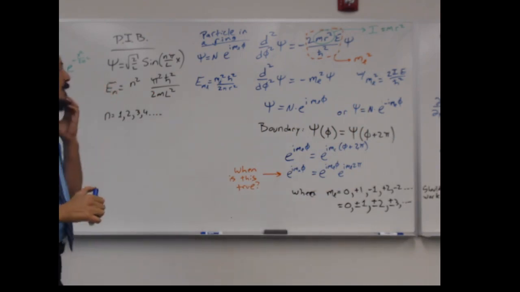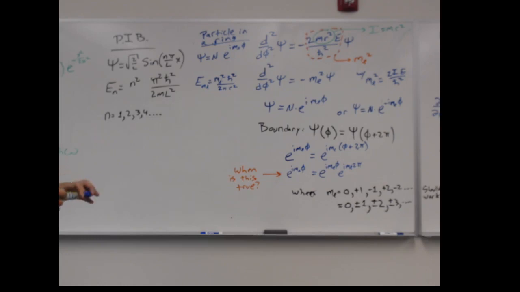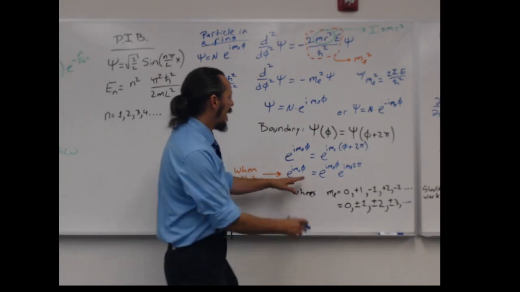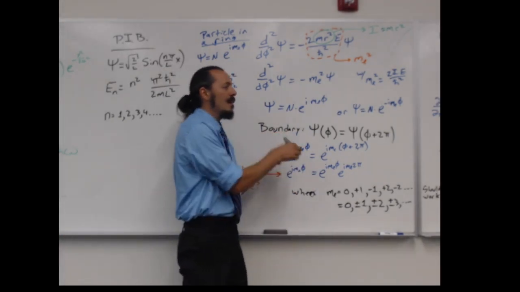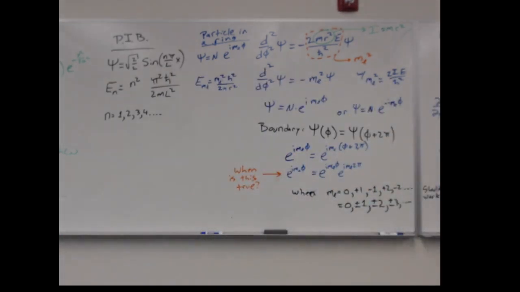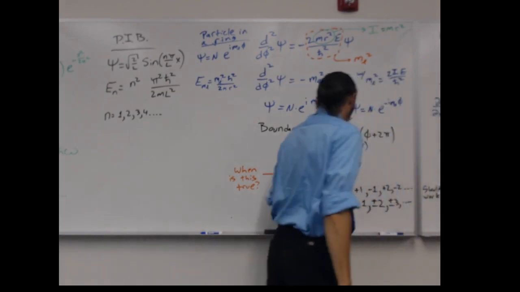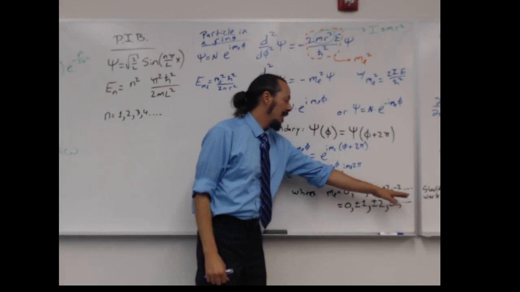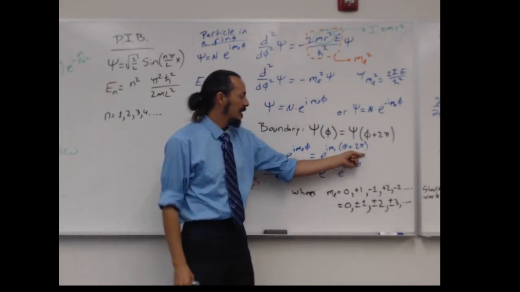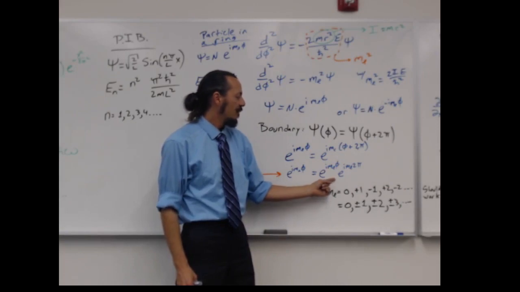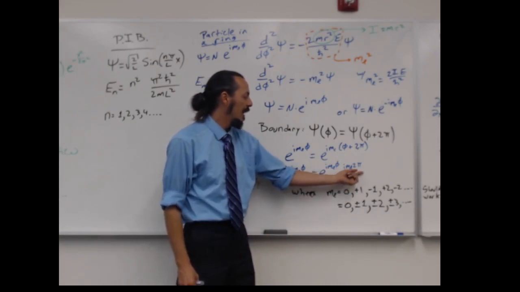Yeah? What did you mean when you said m sub L is equal to 0, plus or minus 1, plus or minus? So in order for this boundary condition to be met, where as the particle goes around the ring, when it gets back to the same spot, it's the same value, that works only when m sub L are these values, because when I do this condition of phi plus 2 pi, that's like an e to the I phi times an e to the I ml 2 pi.